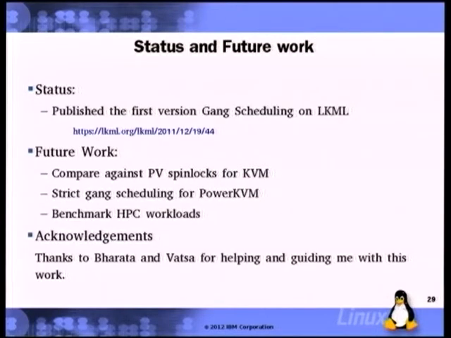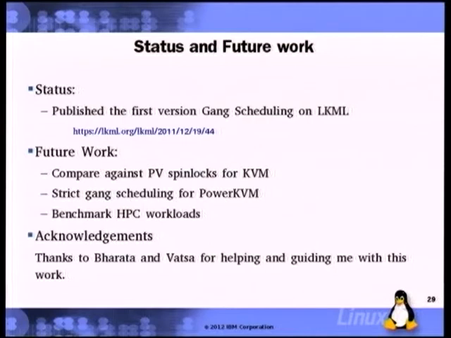So the current status is we have the patches put on LKML, and we had some nice discussions and some flames. The future work: the first one is that we need to compare the gang scheduling numbers with the work going on for paravirtualizing spin locks on KVM, which is still in the works.